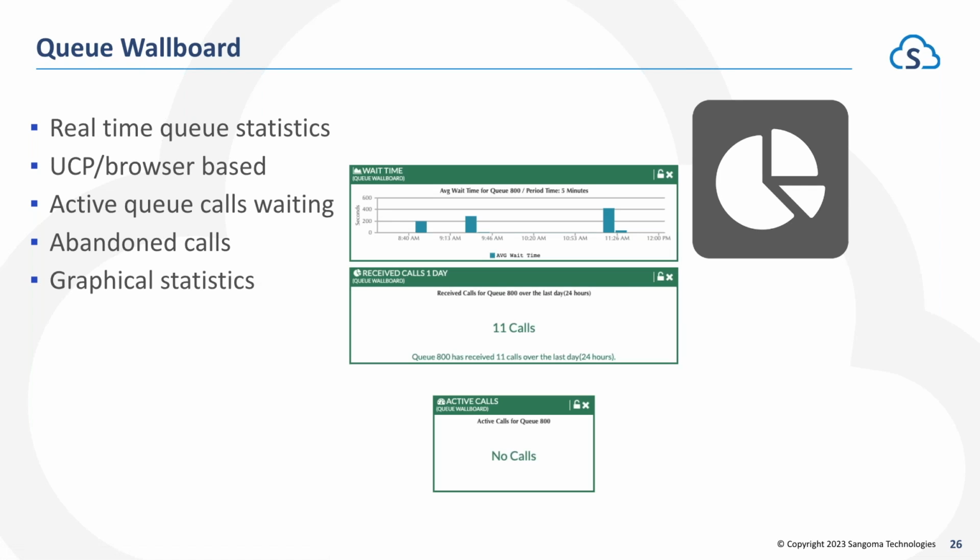Q Wallboard, this is going to utilize our User Control Panel, which is a browser-based dashboard that's free with every user on FreePBX. But if you want those real-time queue statistics displayed in User Control Panel, you can purchase Q Wallboard, and it's going to expose a ton of additional widgets that are specific to your queue reporting.